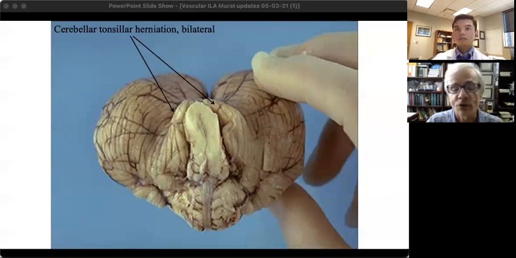And of course, if that doesn't happen, the child eventually will decompensate and become obtunded and come to the ER, and there a posterior fossa tumor will be identified, resulting in this.